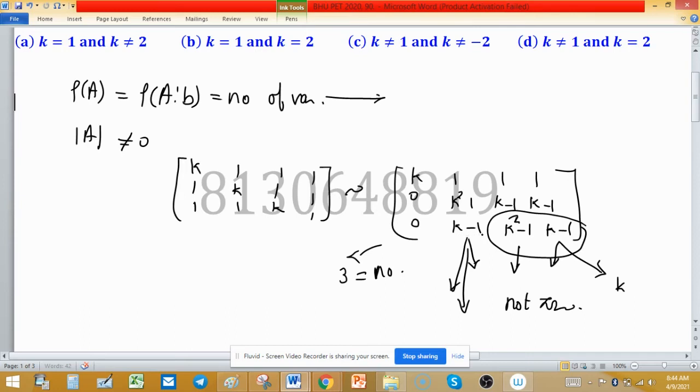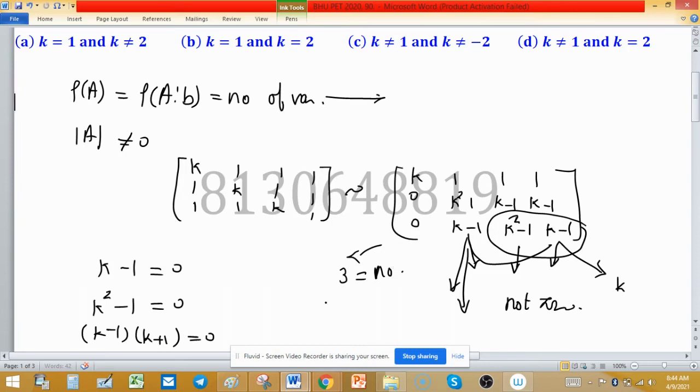This is not important, but k minus 1 is this and these two entries are the same. If k minus 1 is 0, then k square minus 1 is also 0 because k minus 1 is a factor of it. That means all three entries in the last row become 0 and this matrix reduces to a lower rank matrix, rank 2 or rank 1.